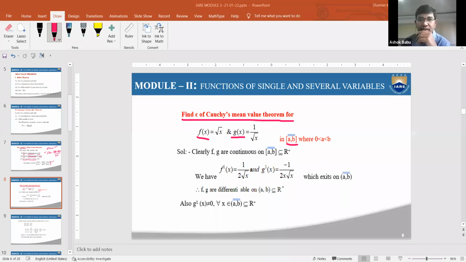According to the polynomial function, it is clearly continuous in the closed interval [a, b]. According to the first condition, it is clearly satisfied. Therefore, f and g are continuous in the closed interval. And second, derivable: does the derivative exist or not? Here the derivative of f(x), root x, is 1 by 2 root x, and it is also on (a, b).